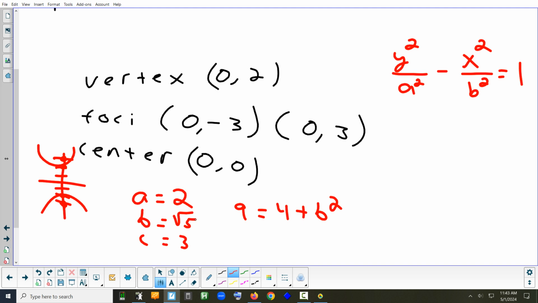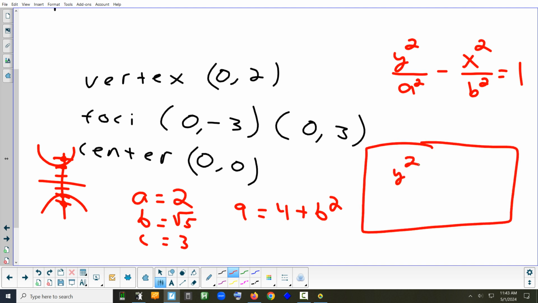Okay, so our equation is going to be y squared over 4 minus x squared over 5 equals 1. That's the equation of the hyperbola.